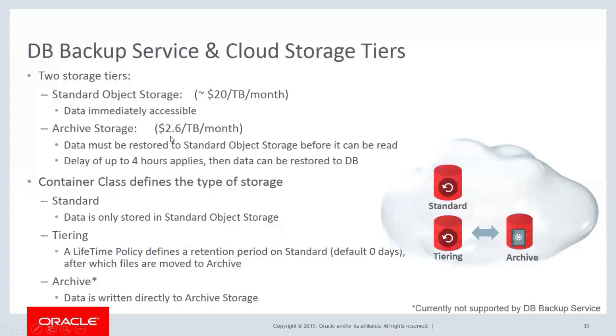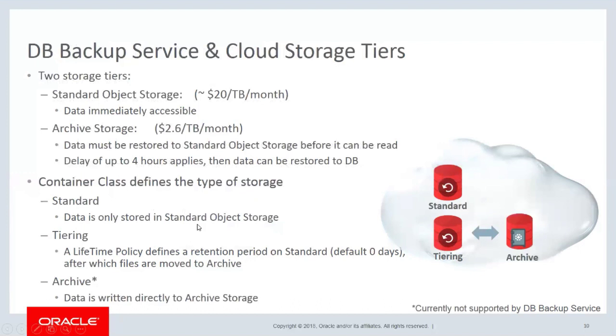I say around because this is a tiered price for classic object storage, so it's not a fixed price per terabyte, but let's say it's around $20 per terabyte per month. Archive storage is $2.6 per terabyte per month. So you can see there is quite a difference here in the cost. So customers can use different tiers based on their need.